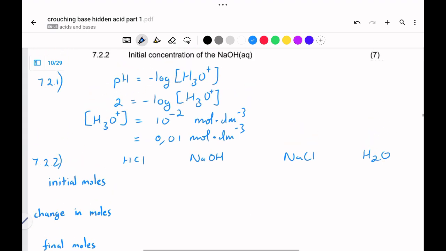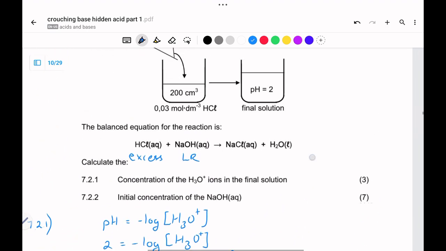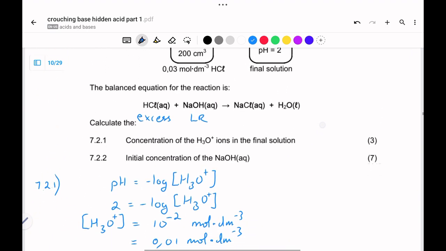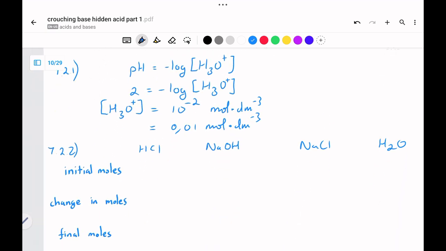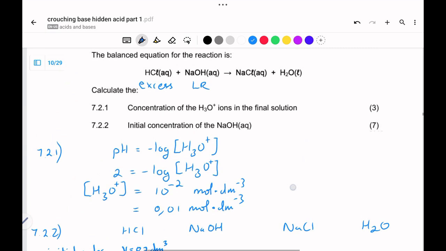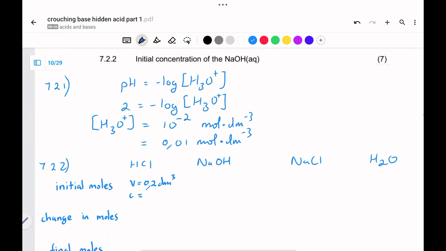Okay. The initial moles of the acid, yes, I can find that because I have a volume of 0.2 cubic decimeters and I have a concentration of 0.03 moles per cubic decimeter.